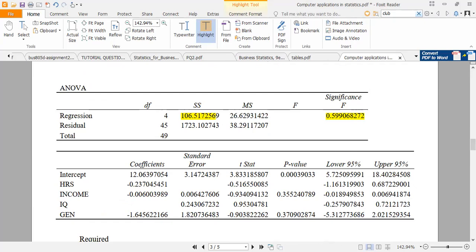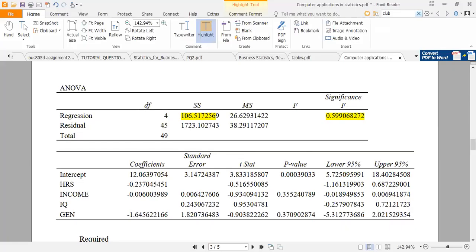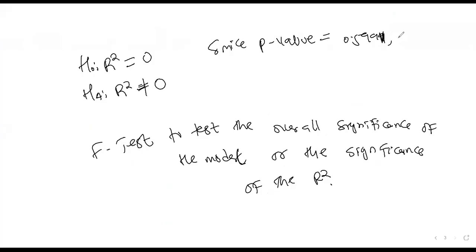So here you just say that since the p-value of the F test was, let me check, 0.5991, sorry, it is greater than alpha of 0.05.